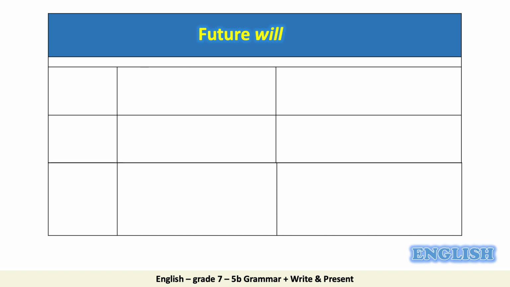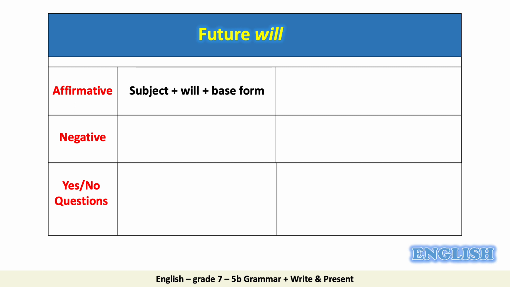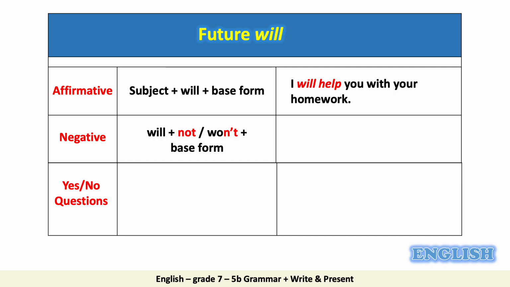In the previous lesson, we talked about the affirmative, negative, and question forms of future will. We have learned that we form the affirmative form with the modal verb will and the base form of the main verb. For example, I will help you with your homework. Second, we learned that we form the negative form with won't or will not, followed by the base form of the main verb.